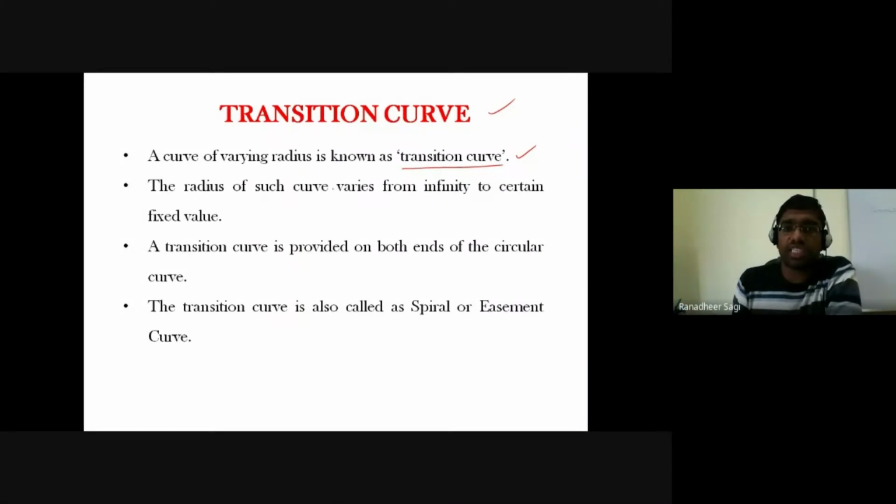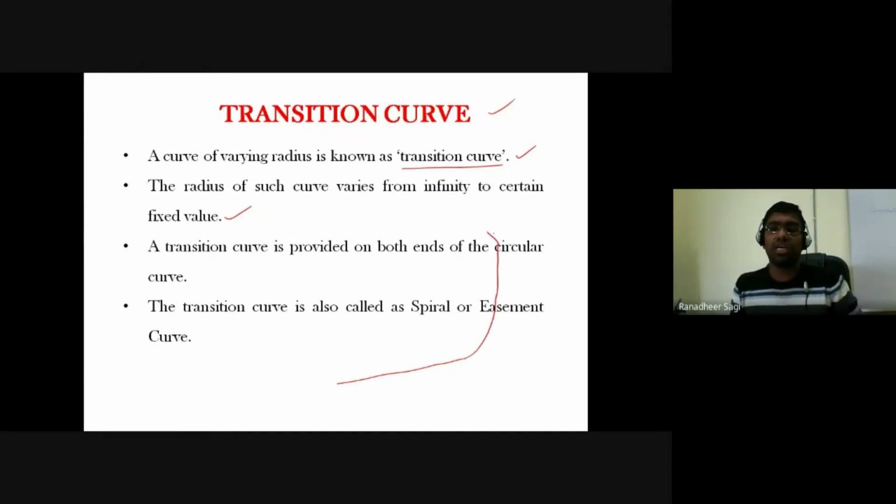The radius of such a curve varies from infinity to a certain fixed value. Initially that particular curve looks more or less flat, and you might see some change in the curvature like this. Such kinds of curves are what are called transition curves. A transition curve is provided on both ends of your circular curve.